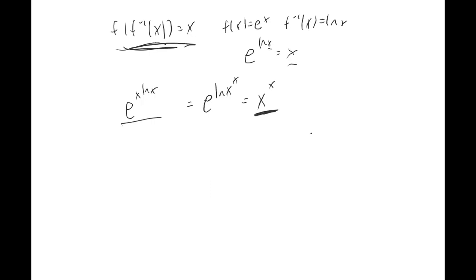The exponential rule is just this, right? But we don't have e to the x right now. We have e to the x ln x. So what rule should I use? You only know so many rules: power rule, exponential rule, quotient rule, product rule, chain rule.